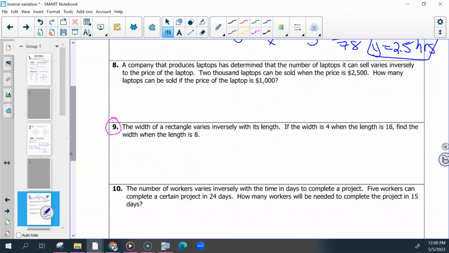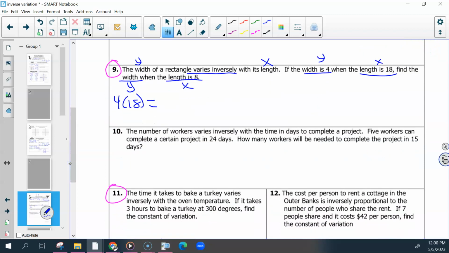Number 9. What is x? What is y? Cameron. Correct. Right. So width is y, length is x. We are looking for the width, which is again y. Multiply 4 and 18 to find k. How many do you get?